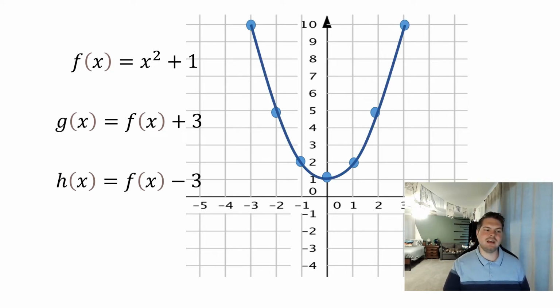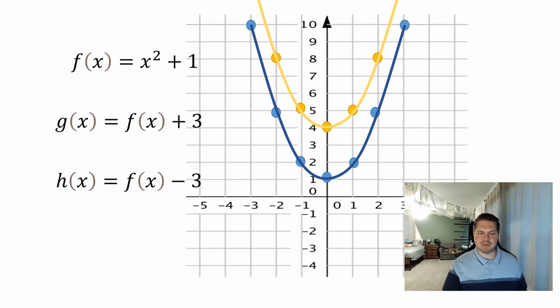Now let's look at if we did plus 3 to f of x. Remember, those points are going to be 8, 5 at -1, 4 at 0, 5 at 1, and 8 at 2. So it looks exactly the same. It's just moved up 3 units.